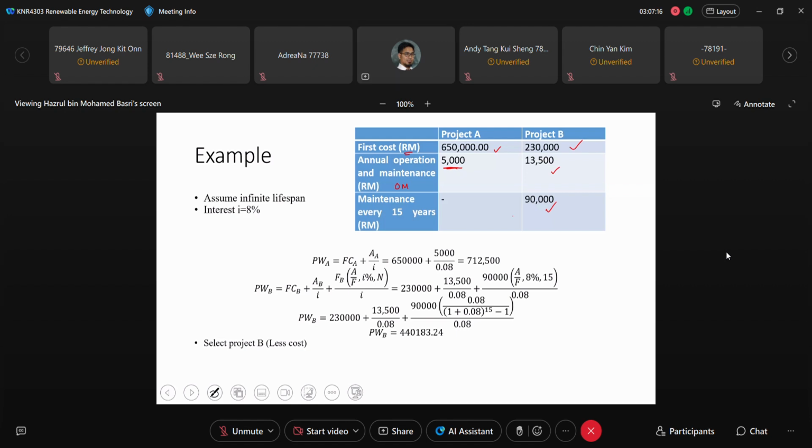For this case, I'm going to consider that the lifespan is infinite. Over 100 years, over 200 years, the project still continues. The interest rate is 8%. So in this case, you as a project manager need to find out whether you want to conduct project A or project B.